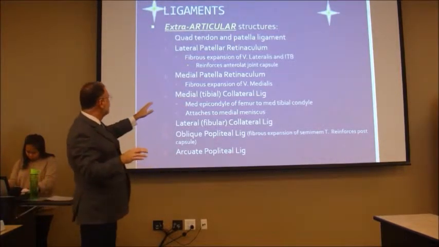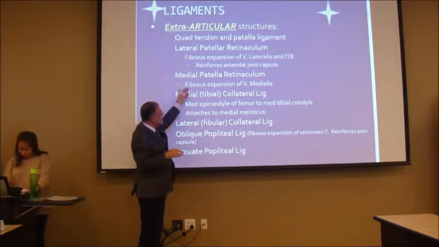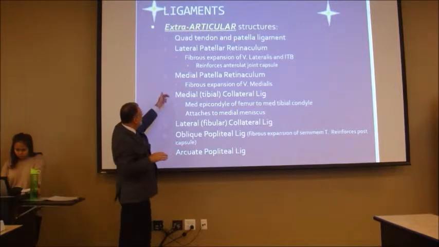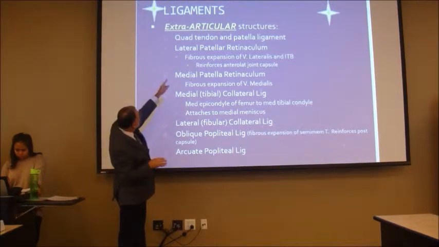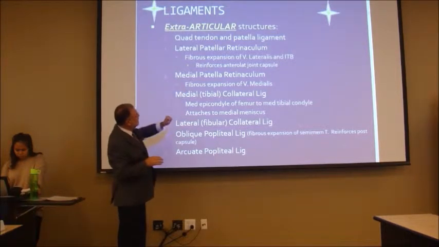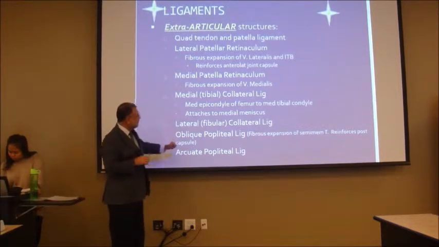And this is reinforcement of this structure. The medial patellar retinaculum is from the vastus medialis, and the lateral retinaculum is from the vastus lateralis and ITB. The other important things are the medial collateral ligament and the lateral collateral ligament.